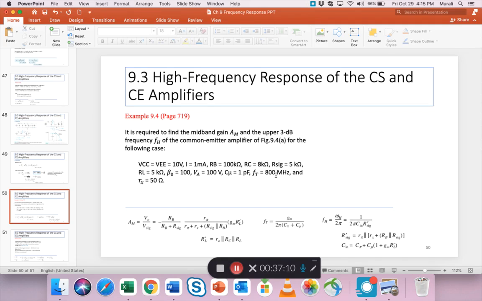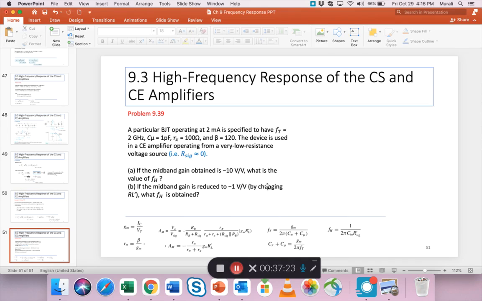So you can see that the actual 3 dB is much lower than the FT. That's something to remember.